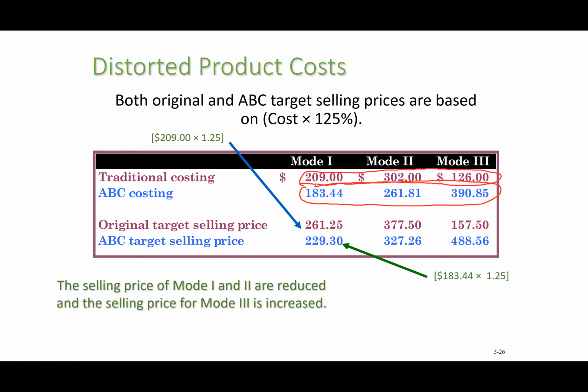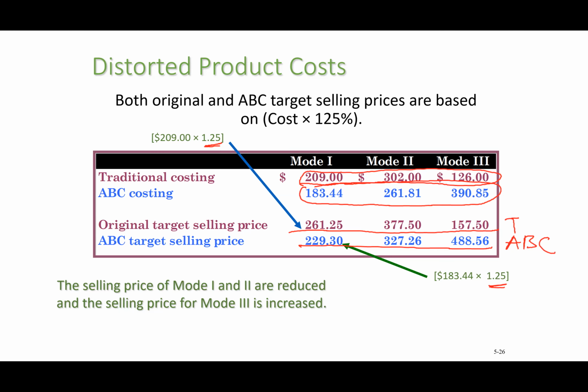If we do 125% of the costs to price our product, this will be the price if we do traditional, and this will be the price if we do ABC. And clearly, you can see it depends on which costing system we're using. Our price is going to be entirely different.